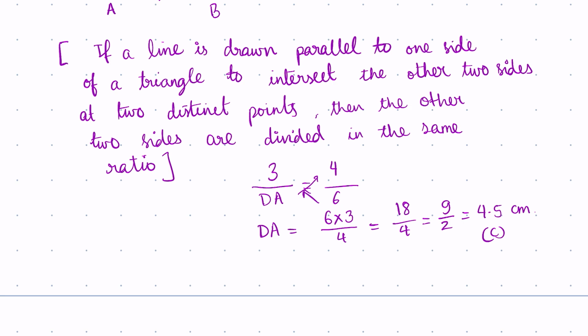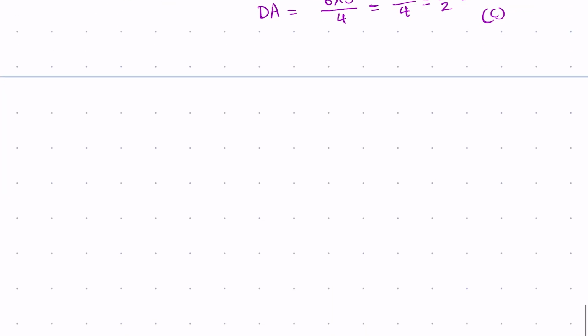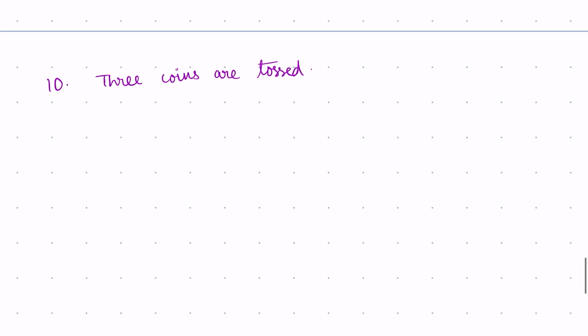Right. Moving on. Question number 10, it's a probability problem. The question says, in tossing 3 coins, the probability of appearance of at least 2 heads is. So 3 coins are tossed. What are the possible outcomes? First of all, how many outcomes would there be?